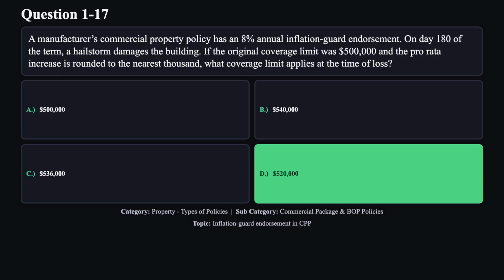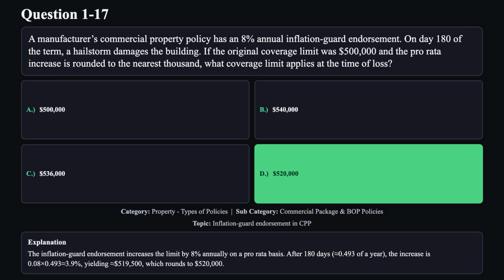The correct answer is D. The inflation guard endorsement increases the limit by 8% annually on a pro rata basis. After 180 days, approximately 0.493 of a year, the increase is 0.08 multiplied by 0.493, approximately 3.9%, yielding approximately $519,500, which rounds to $520,000.